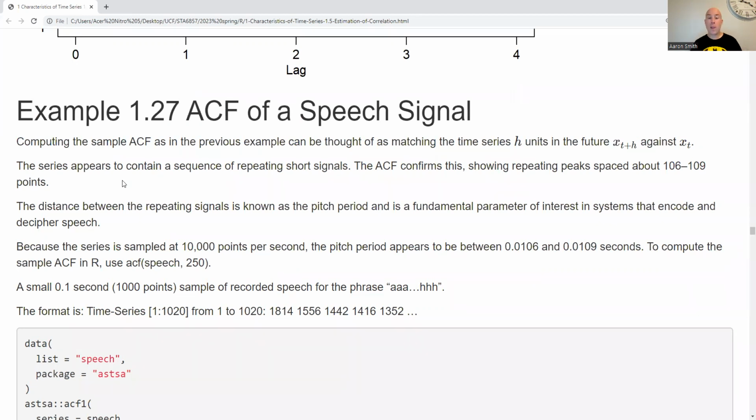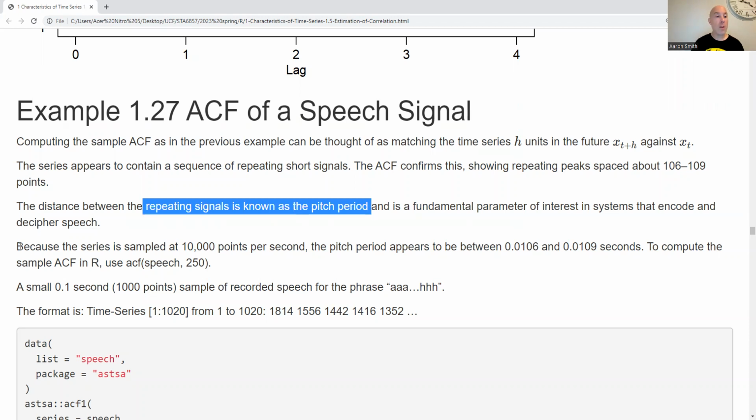It appears that the speech example contains a sequence of repeated short signals, and the autocorrelation function is going to confirm this, showing peaks spaced about 106 to 109 points away. This difference for the repeating signals is known as the pitch period and is a fundamental parameter of interest in systems that encode and decipher speech.